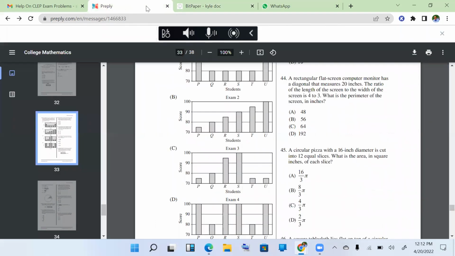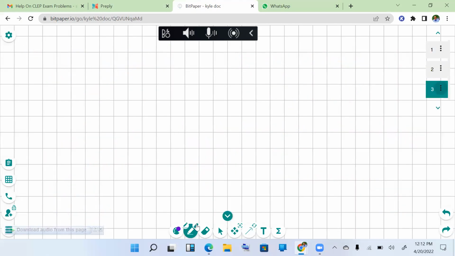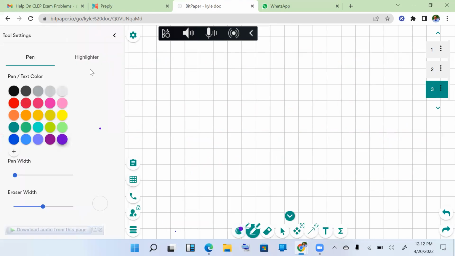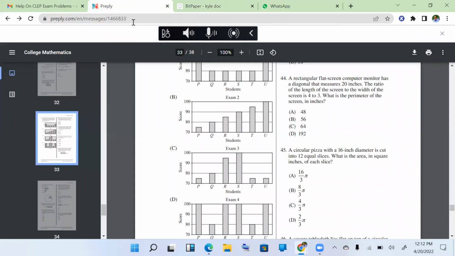Okay. Now I move on to the next question, which says that a circular pizza with a 16-inch diameter is cut into 12 equal slices. What is the area in square inches of each slice?